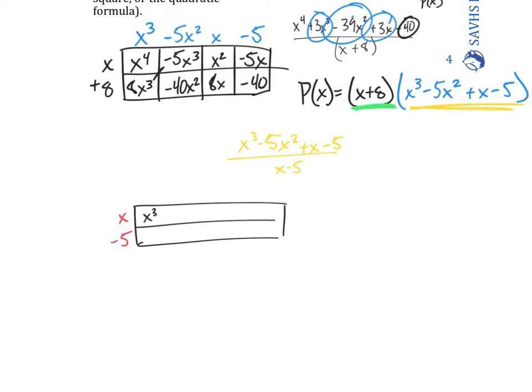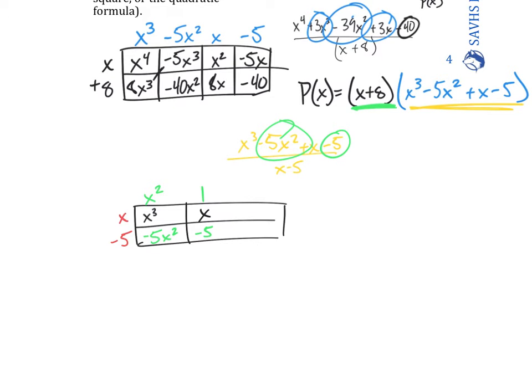So, to get that out, I have to have an x squared here, which means that I have to have a negative 5x squared there. That's what I already have right here, so I don't need to add any more, so I can move directly on to the next term, which is x. So I've got to have a 1 up here. And that works out perfectly here. I have a negative 5, and that matches here.